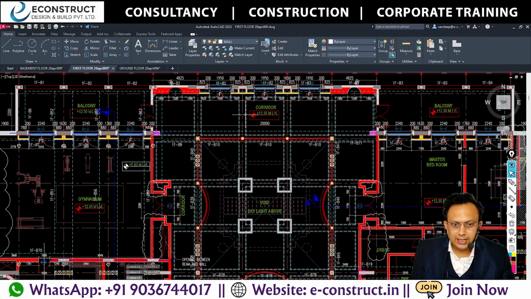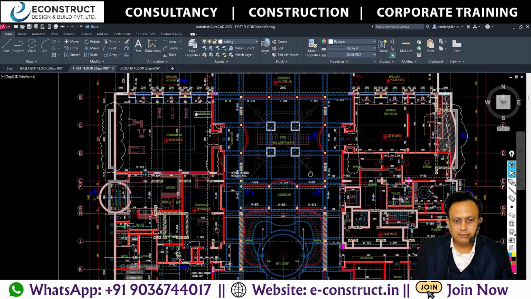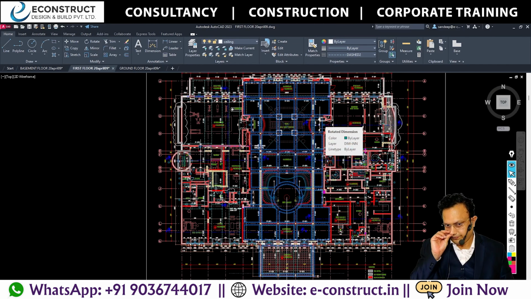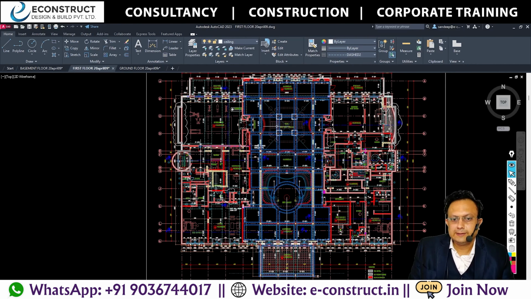You will see that this kind of hatch, because the roof over here is totally different compared to the other portion. Okay, so it is like this.